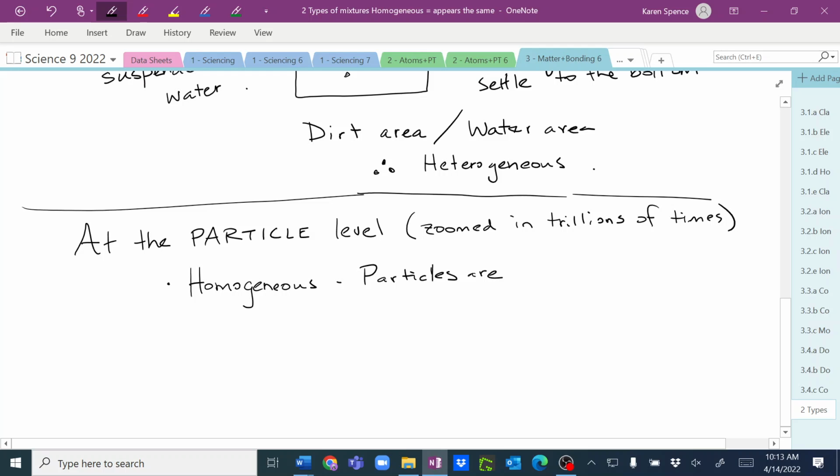Multiple of the same particles? Well, anytime you have any sample of matter, you're going to have multiple of the same particles. You'll see multiple types of particles at the same time. Also, yes, they're spread evenly. The particles are all spread evenly amongst each other. So maybe I should say different particles are all spread evenly amongst each other.